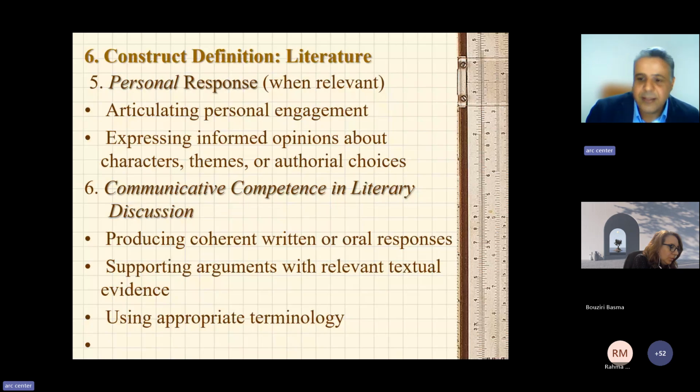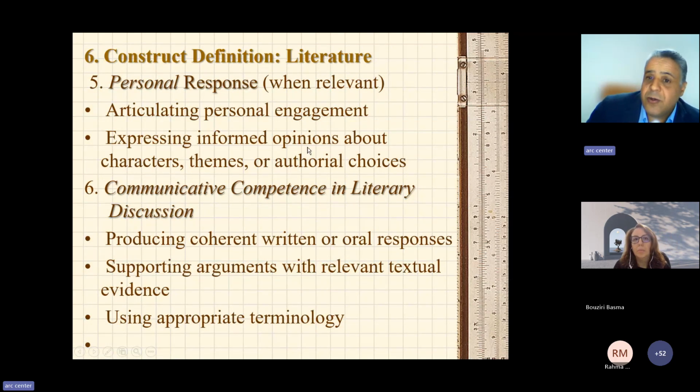And this is very important. This is what some experts in testing or assessment call muddied testing. It is muddy testing. There is mud in there because we don't know whether we are testing the ability to understand literary texts or the ability to use language properly and appropriately.